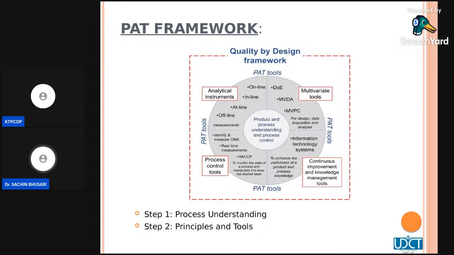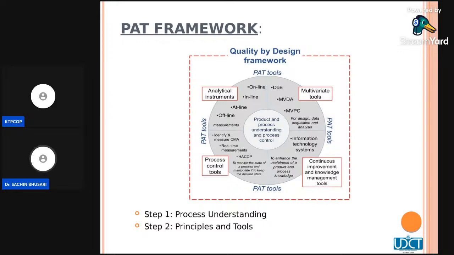Basically, a process can be anything. It can be a synthesis of API, it can be a manufacturing, it can be anything. So first try to understand the process, and step two, apply some principles and tools. So while understanding the PAT framework, the first step is to understand your own process thoroughly, and then to apply the PAT framework principles and tools to that process.